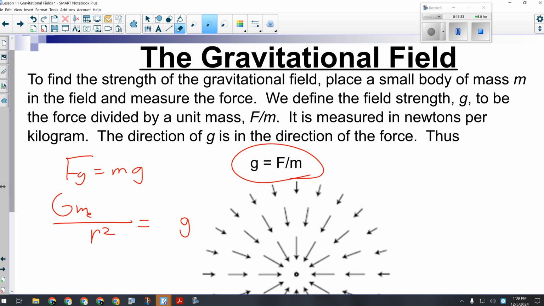The most common mistake I see on a unit exam question about gravitational field strength is somebody doing this. Okay, that calculates the force of gravity, not the field strength or the acceleration due to gravity.